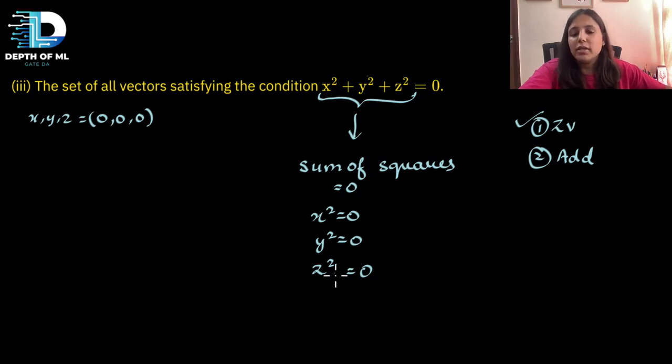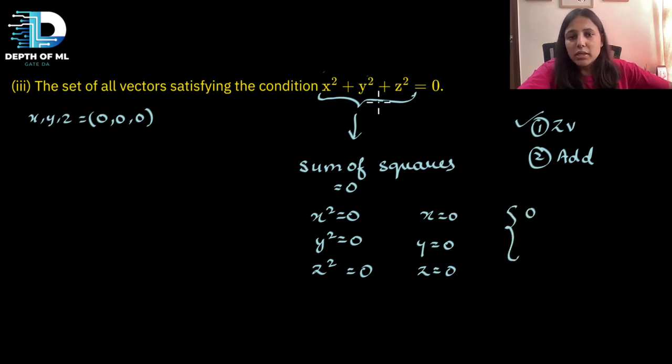That is the only way the sum of squares can add up to 0. Then it means that x is equal to 0, y is equal to 0 and z is equal to 0. So the only vector that is present here is the vector 0, 0, 0. So this vector space is nothing but a zero vector space, and we know that the zero vector space is a valid subspace.